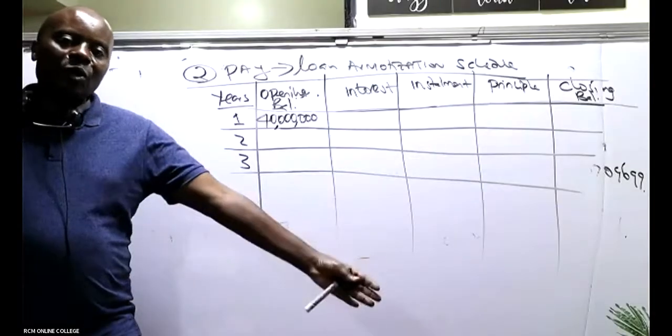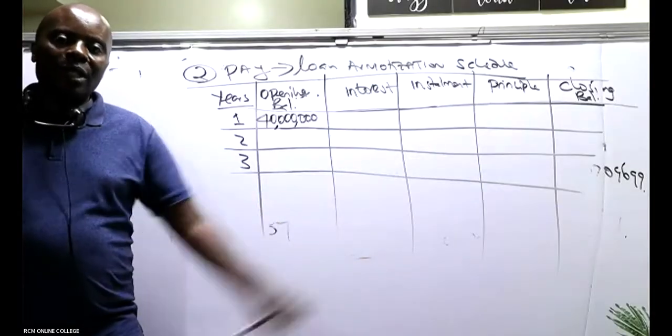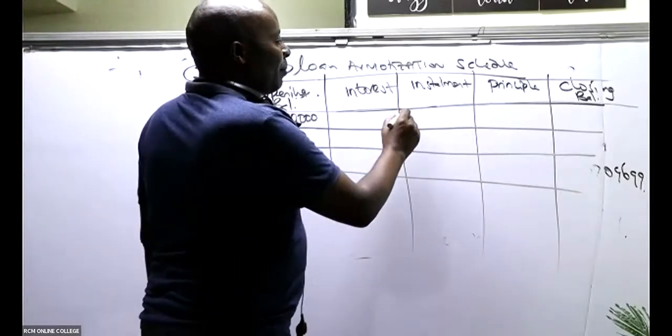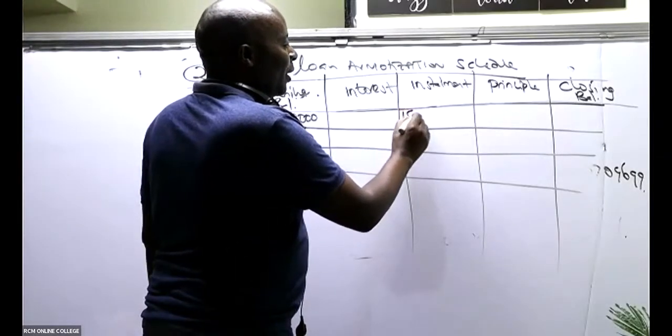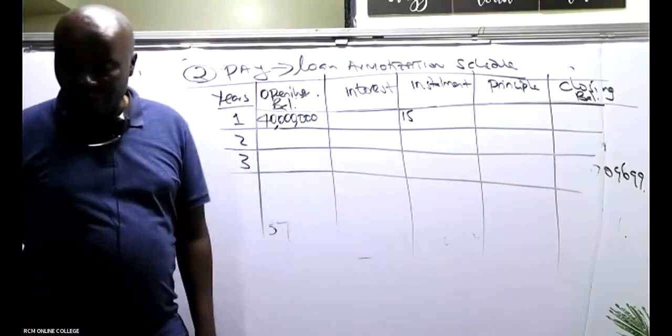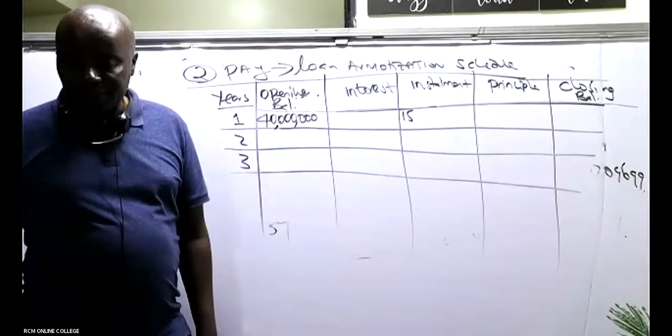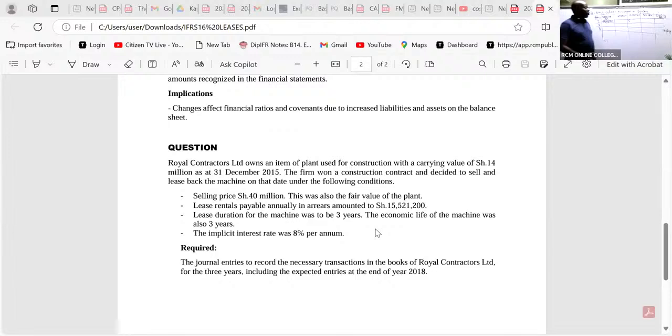We are paying our total obligation, which is 40 million, and this is how we shall pay it. We know the installment per year, 15,521,200.